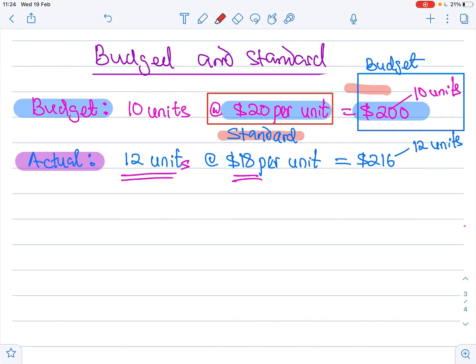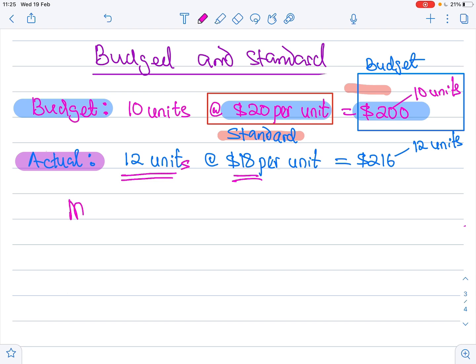Of course, you have it to be $2. So on each unit purchased, you have savings of $2. And because the actual unit is 12, your total variance regarding these 12 units is going to be this. So let's put that down.